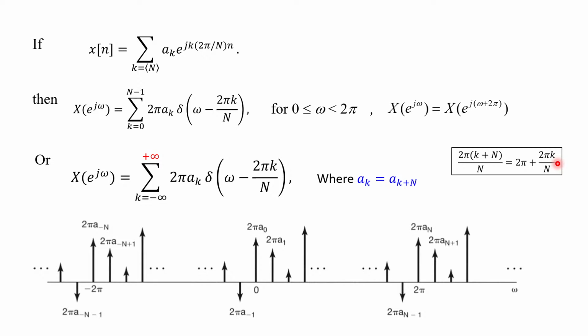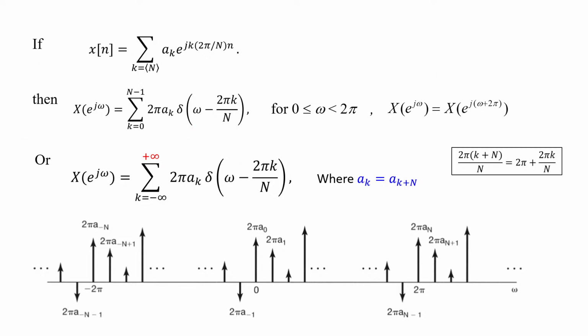Is that distance 2 pi? Yes, because if you change k to k plus N here, then instead of 2 pi k over N, you have 2 pi times k plus big N over N, and that's just 2 pi plus 2 pi k over N. So those two spikes are a distance of 2 pi apart, and this equation is exactly describing that.